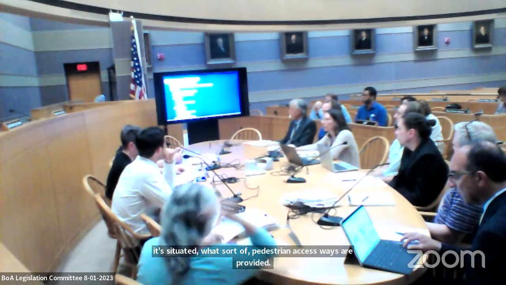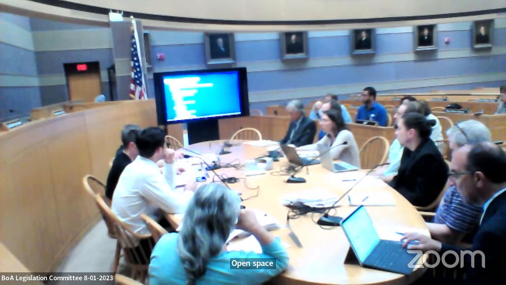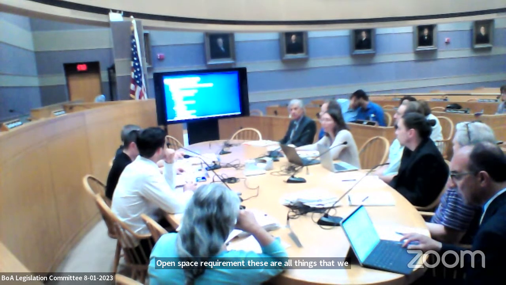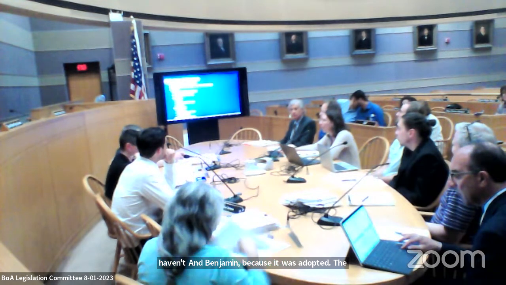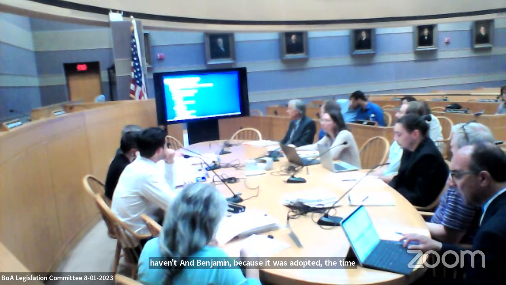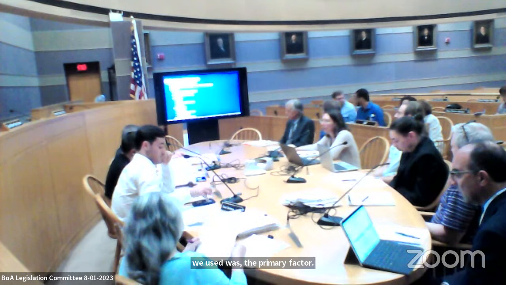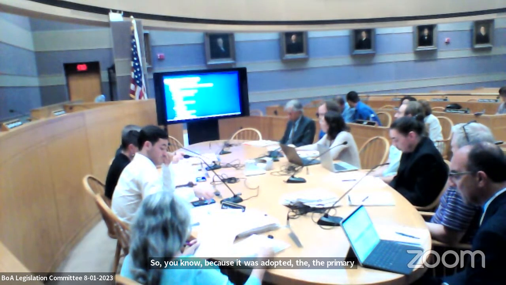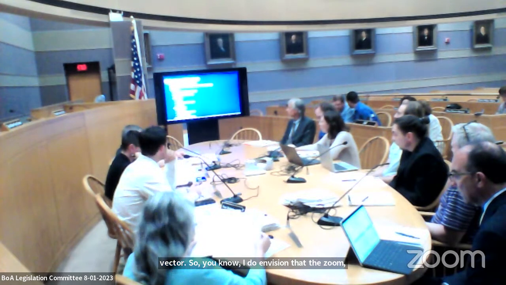These are all things that we haven't envisioned as broadly in our zoning ordinance because it was adopted at the time when use was the primary factor. So I do envision that the zoning ordinance would be overhauled following the comprehensive plan. But we wanted to use this opportunity to foreshadow that.